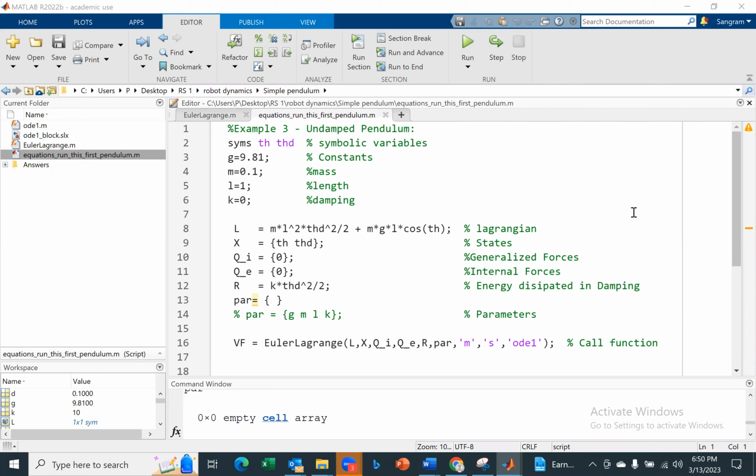This is L. This is theta. Theta dot. So kinetic energy is equal to 1/2 m L square theta dot square. And the potential energy, this is the datum.